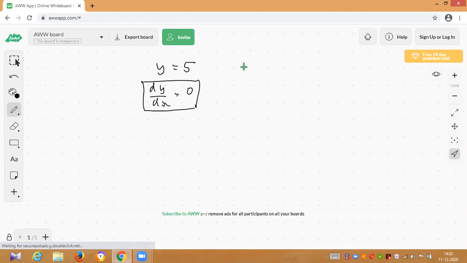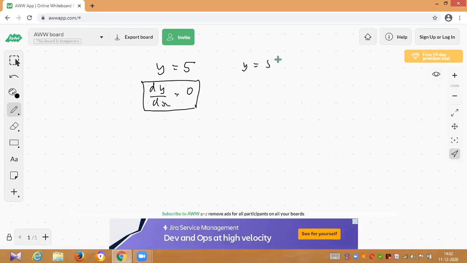The first, if I go by the power rule, this is 5 into 1, and I know that 1 is x to the power 0, because any value to the power 0 gives you 1. So if I'm differentiating that, 5 remains out, and using the power rule, the rest becomes 0. So I get 0 for a constant derivative.